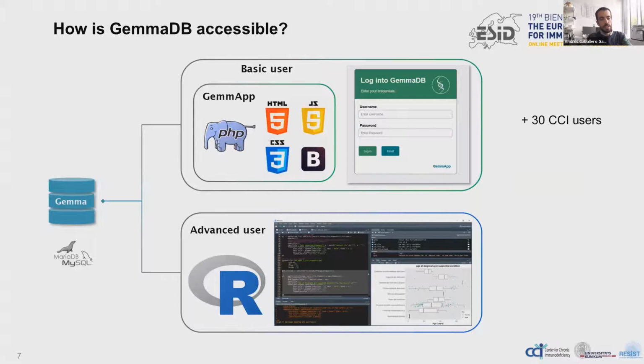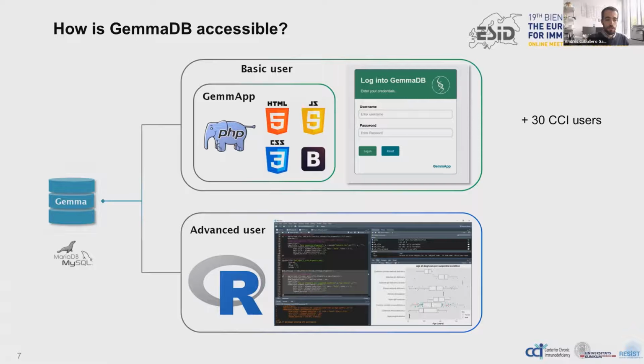So how is this database accessible right now? At the moment, it's just internal for the CCI here in Freiburg. But of course, we want to make this public at some point. So we currently have more than 30 active users that access through this basic graphical user interface called GEMMADB. It is built on PHP.